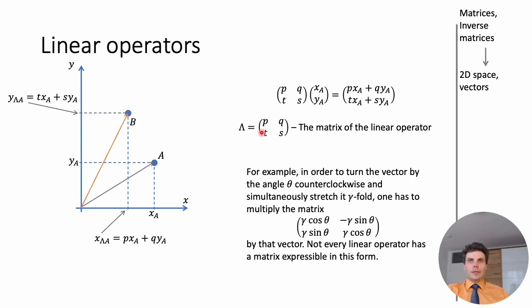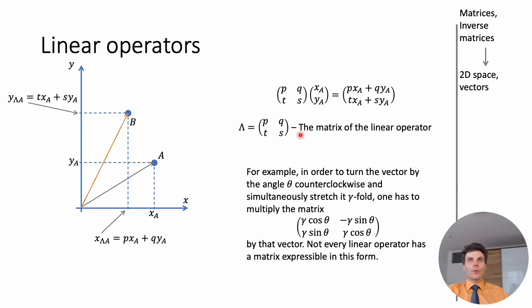The matrix p, q, t, s is therefore called the matrix of the linear operator. And this is one of the ways matrices can be used. So essentially, a matrix is a representation of a linear operator on vectors.